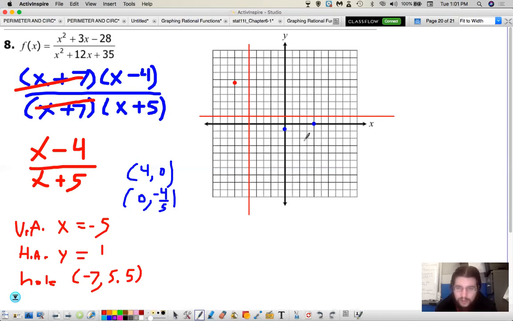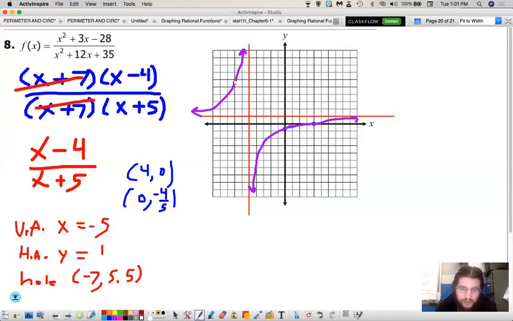Gonna look something like this. Curving somewhere, I don't know where. This guy's got to come in and do something like this. I got to have a hole right here.